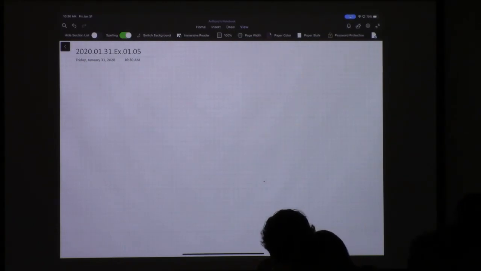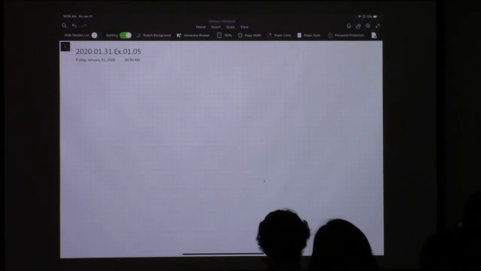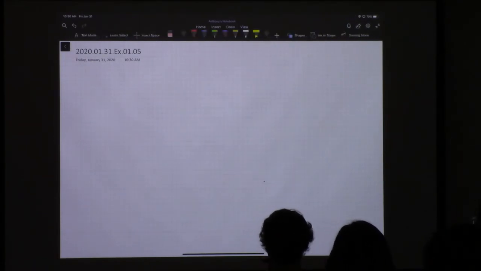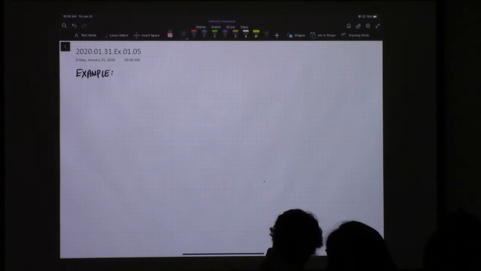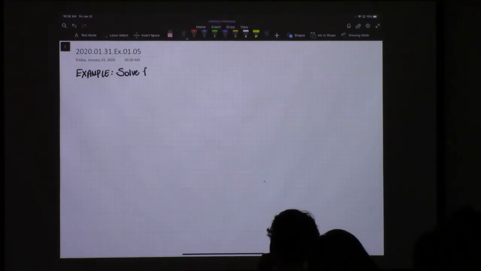So, this example. Solve for the voltage gain, and then I'll write the rest later.